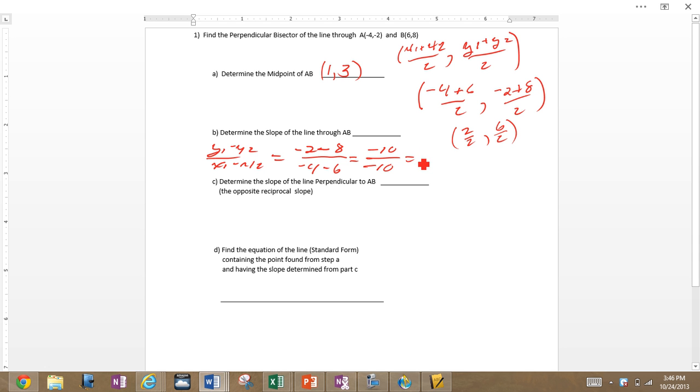So our slope is 1. The slope of AB is equal to 1. Fortunately, that's easy to compute. The slope of the perpendicular is going to be the opposite of 1, which is negative 1. I'm writing the slope perpendicular as the opposite of 1 with the sign negative.